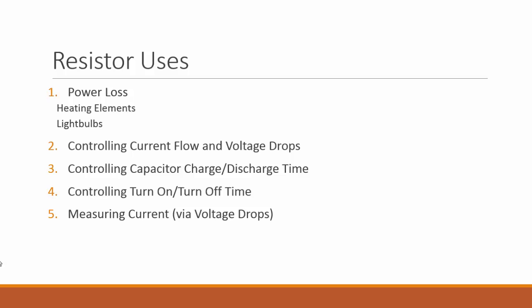Now, remember, the time constant for a discharging or charging capacitor is R, resistance, times C, the capacitance. If you're using a capacitor to, say, flash a bright light very quickly, where you dump a bunch of energy in a very small amount of time, you want that time constant to be very, very small. It dumps all of its energy very quickly.